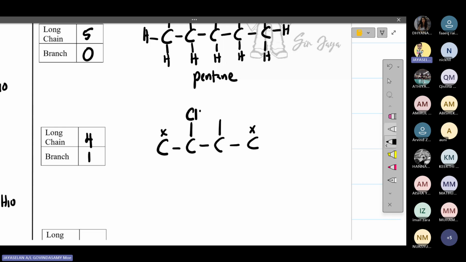Okay, CH3. So total make sure 5 carbon. Okay, so ini pun saya dah lukis. 1, 2, 3, 4, 5, 6, 7, 8, 9, 10, 11, 12. Okay, any question?